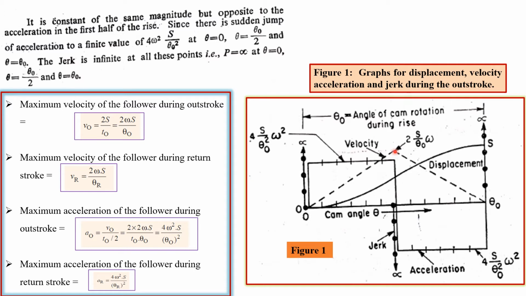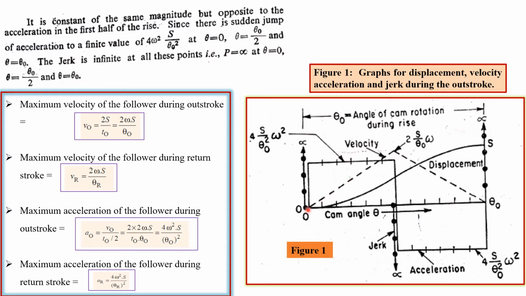Then it acquires the maximum velocity at this particular point, and then it starts reducing, which means uniform retardation is observed by the follower. So its velocity continues to reduce in equal time interval by equal amount. During this uniform acceleration, the velocity of the follower increases by equal amount in equal time interval.